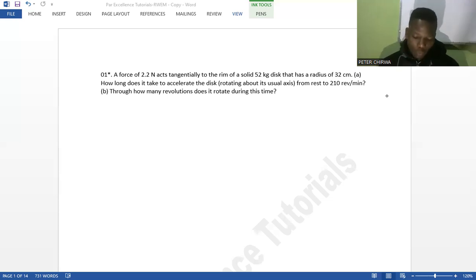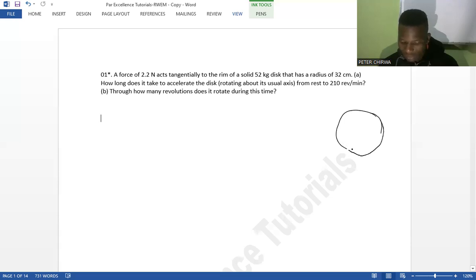All right, so what is the first thing that we have to do? The first thing we have to do is to illustrate, to visualize, to have a mental picture of what this question is asking us to find. So let's try to visualize this. Assume that this is really round, it's a circle.